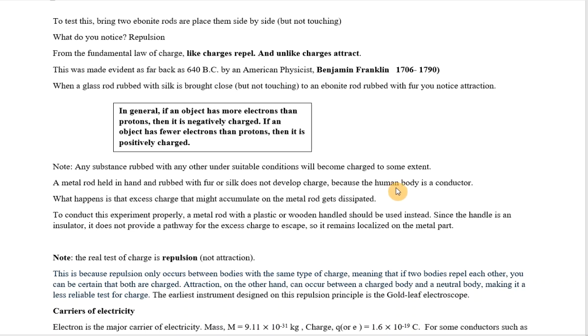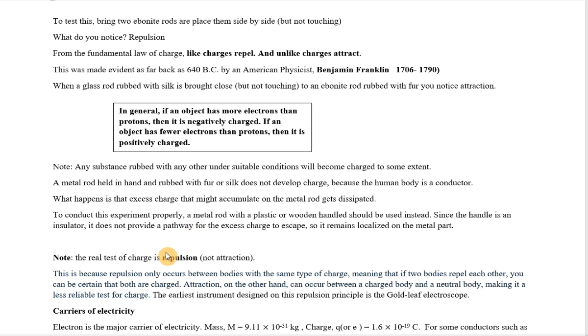So when you now rub, let's say, a glass rod that has a metal handle, that has a plastic or window handle, you notice that when you rub it with silk, the charge that will develop on the rod will remain because it will not be conducted away. So since the handle is an insulator, it does not provide a pathway for excess charge to what? Escape. So it remains localized on the metal part.